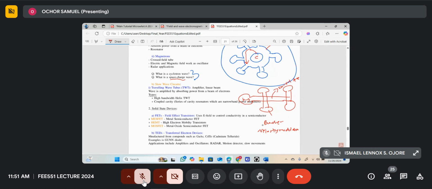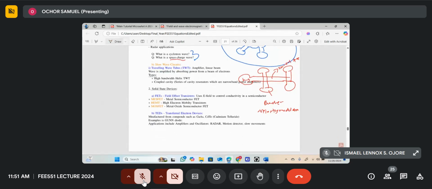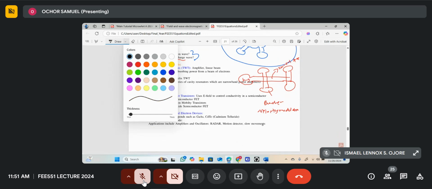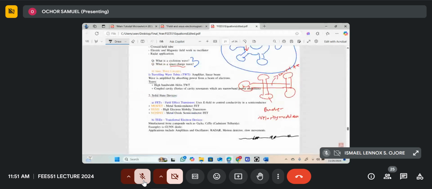After some time the first electrons meet the slower electrons and form bunches, so you have electrons flowing and then bunches. This is what I understood by the bunching process.